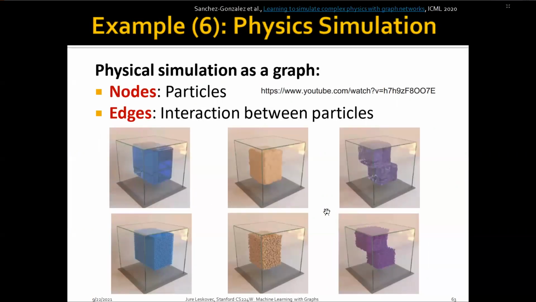Okay. Let's move to our last example. It's the physics simulation. So for this, I want to show a video. Let me see whether I can find it. Okay.